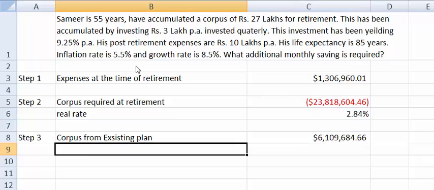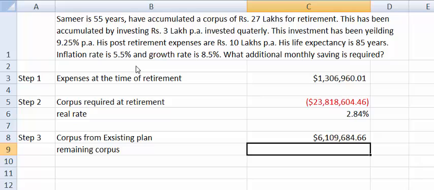So the remaining corpus is what we will need to plan for. So additional investment required for remaining corpus. This figure out here is a negative figure.